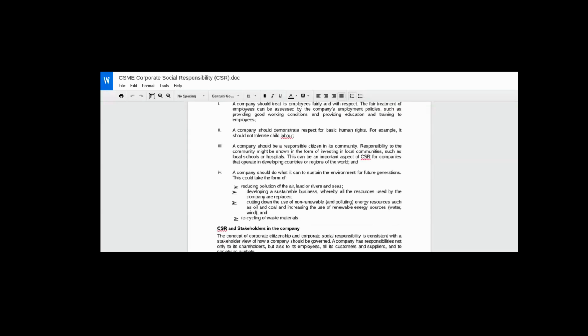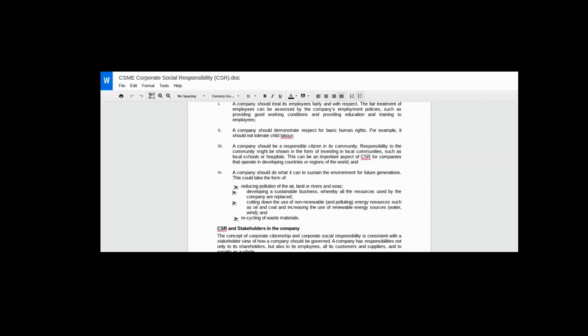Another principle, which is a fundamental principle, is that a company should do what it can to sustain the environment for the future generation. What we stress is what we call environmental sustainability goals and commitment. And this can be achieved through reduction of pollution of all forms, air, land, river pollution.